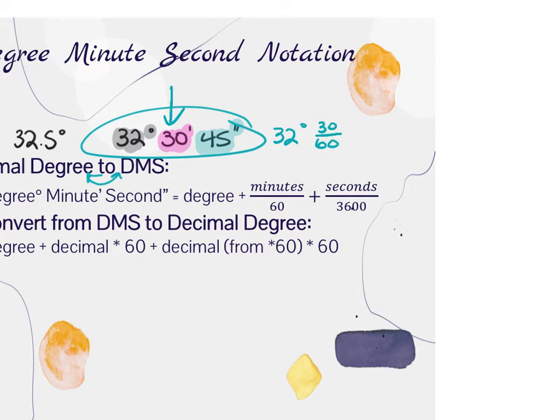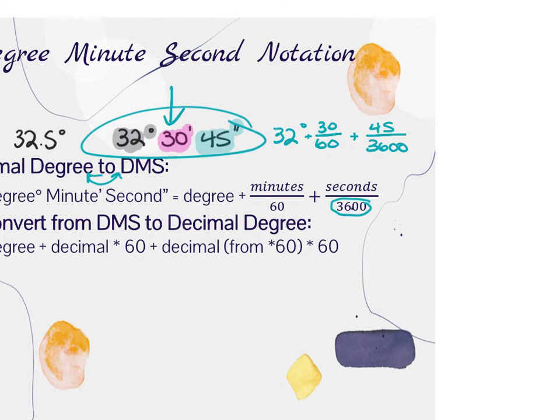For the seconds, how many seconds are in an hour? 3,600. So I do 45 divided by 3,600. I take the minutes and put them over 60 because that's how many are in an hour, and I take the seconds and put them over 3,600 because that's how many seconds are in an hour.